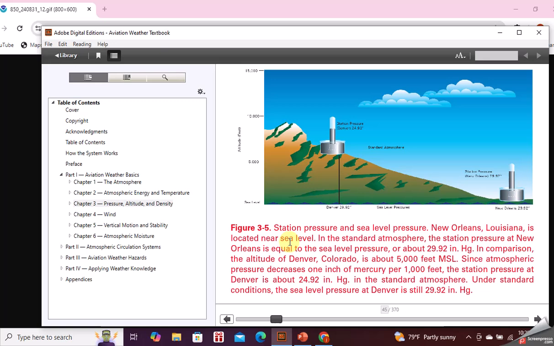In this case, we're saying Denver, Colorado, to look like sea level. So that adjustment allows us to take out the height of where that station is. So we now have everything at sea level, and we can create surface weather maps, which you've seen a lot of and are going to see more of.